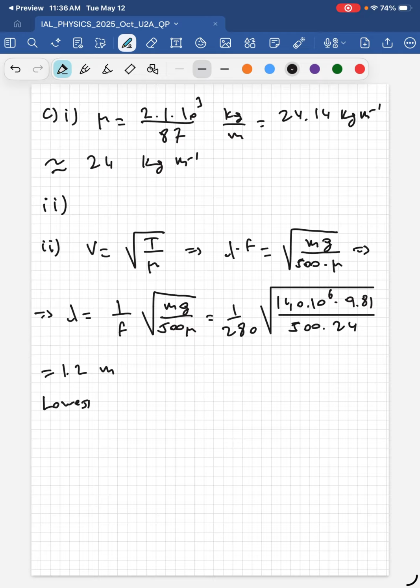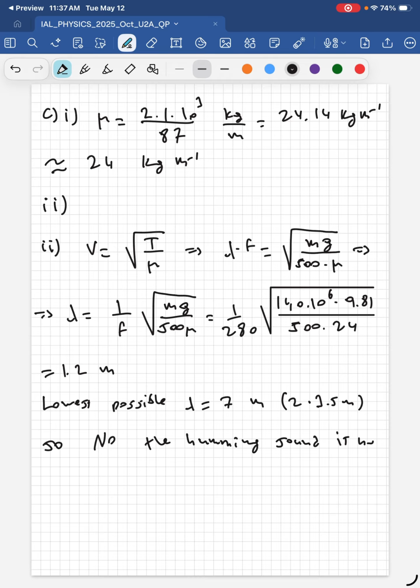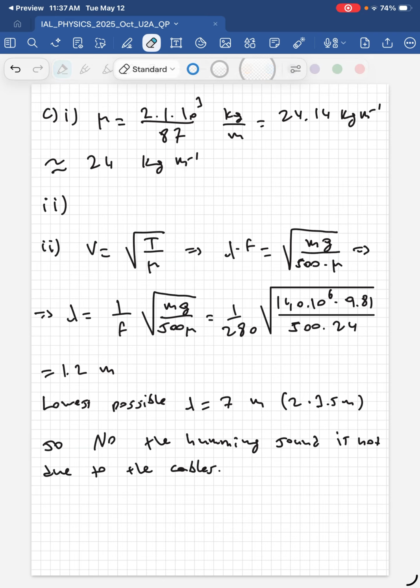The lowest possible lambda is equal to 7 meters, which is 2 times 3.5 meters, the shortest cable. So, no, the humming sound is not due to the cables. Okay, this is a little bit complicated, but I hope it makes sense. So this was question 17, guys. And let's move on to the next one.